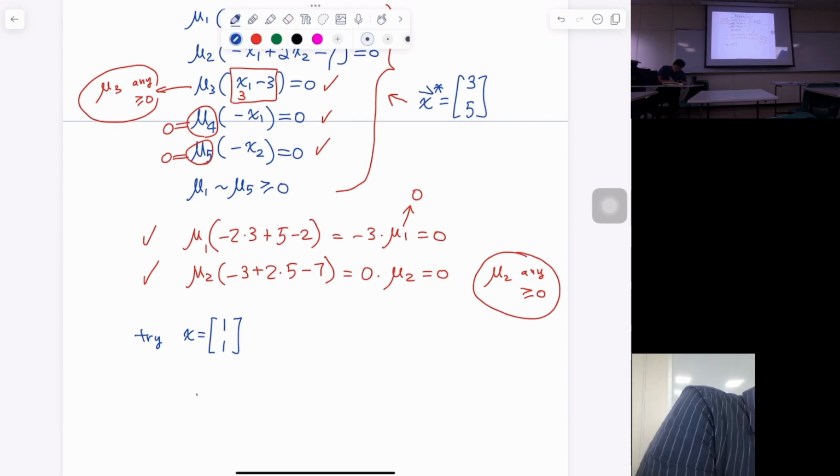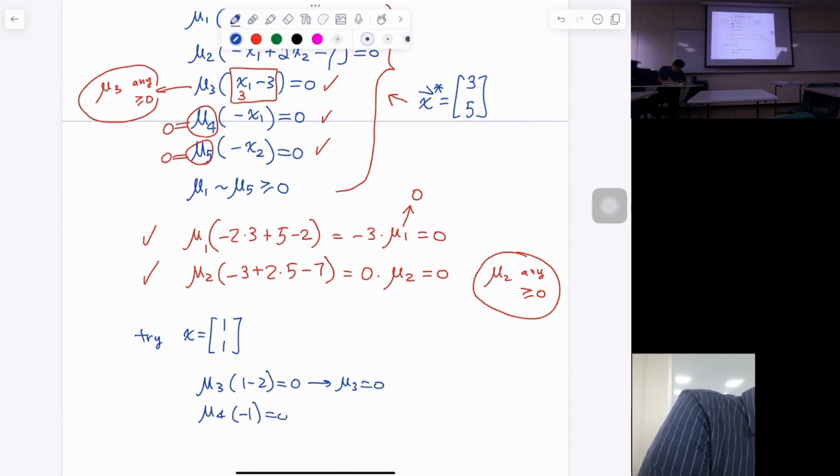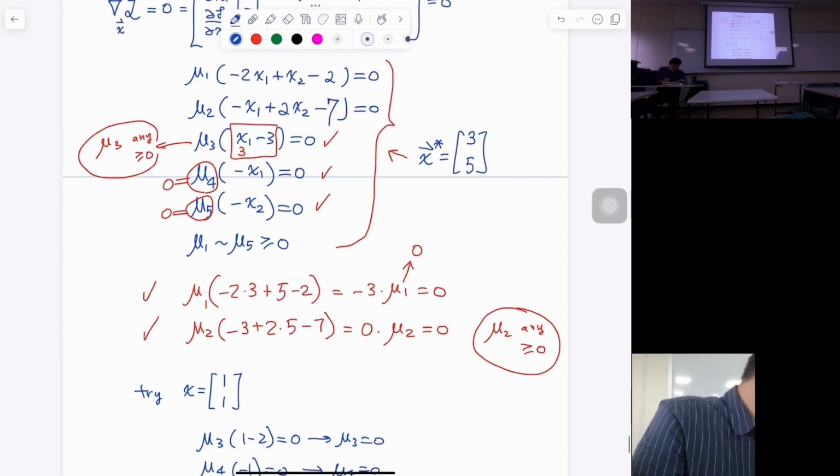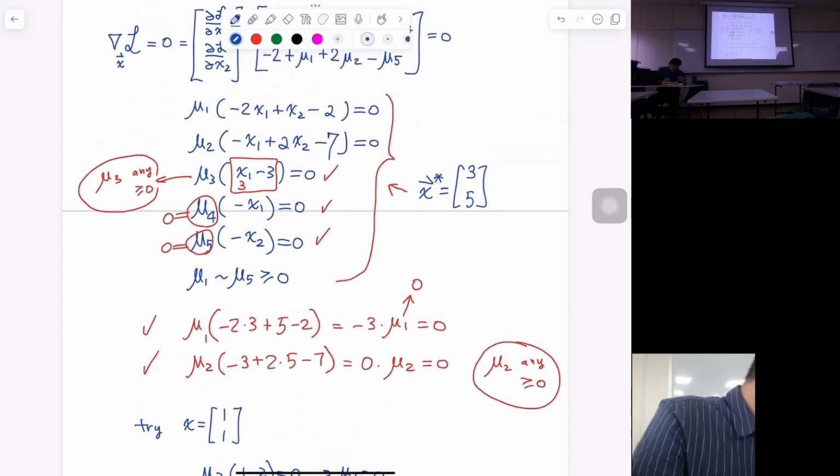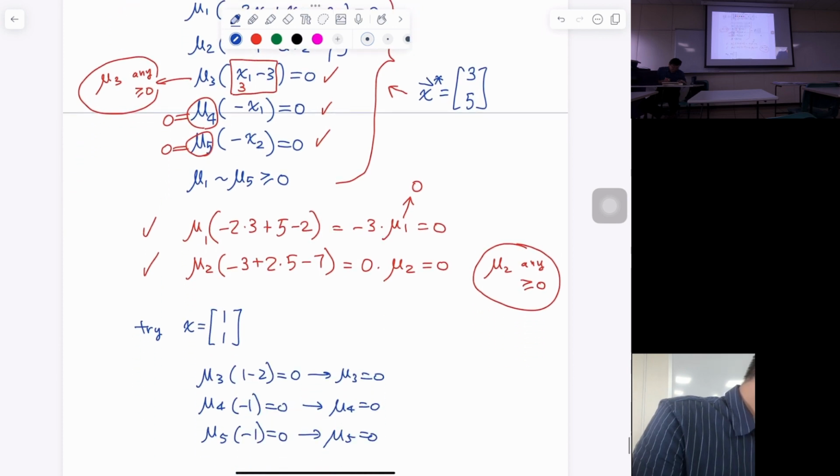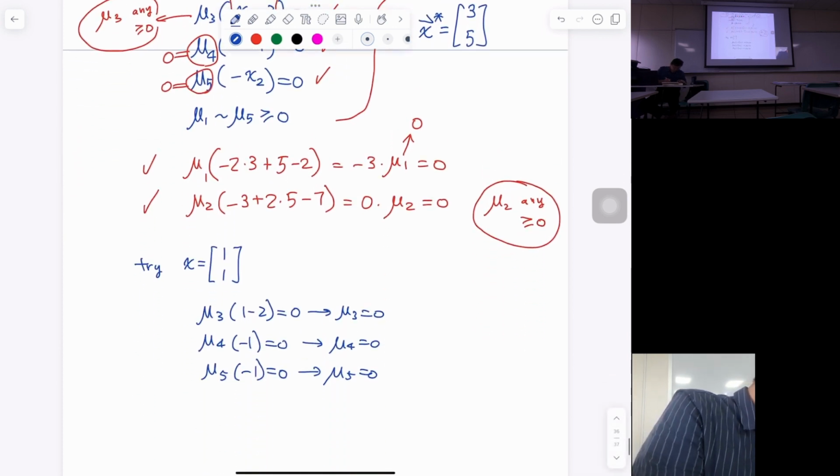In that case, I will have mu 3, 1 minus 2 must be 0. So in this case, mu 3 is 0. Mu 4, negative 1 has to be 0, so mu 4 is 0. Mu 5, negative 1 has to be 0, so mu 5 is 0. So the bottom three equations satisfy. Then only the first two, mu 1, mu 2.